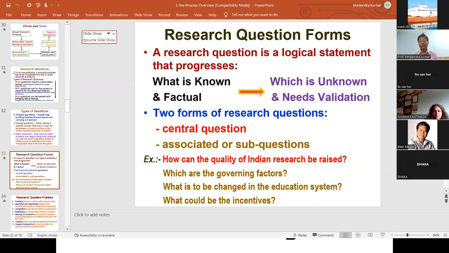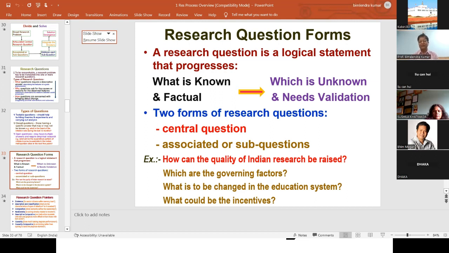There are two forms of research questions: central questions and sub questions, or associated questions. The main research question is, how can the quality of Indian research be raised? This is the main question. Then there are sub questions like, which are the governing factors?